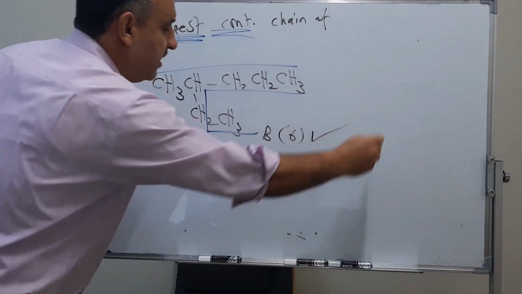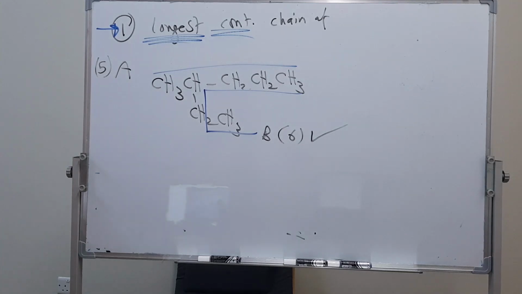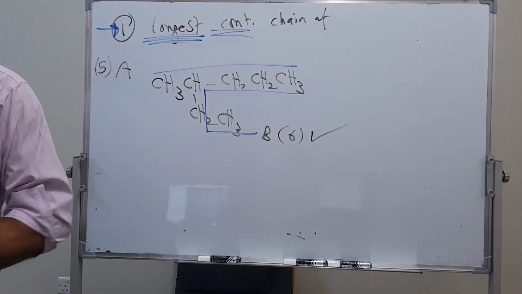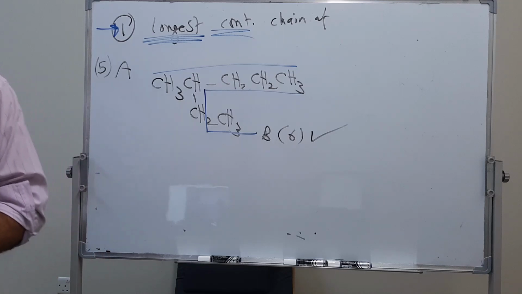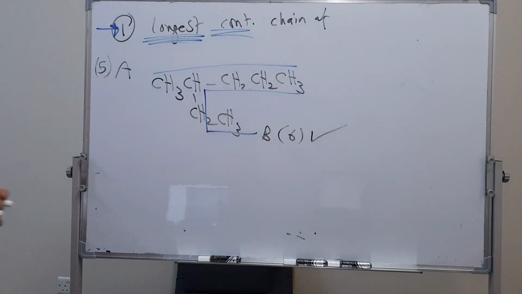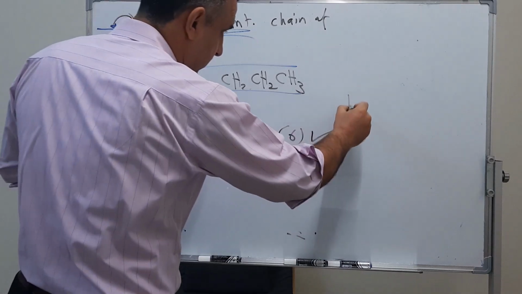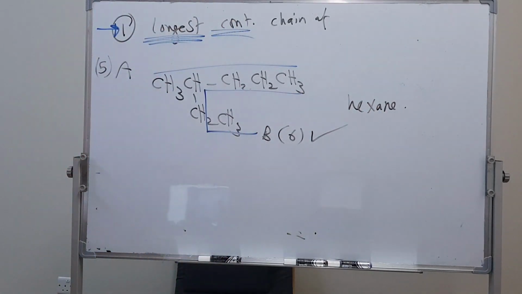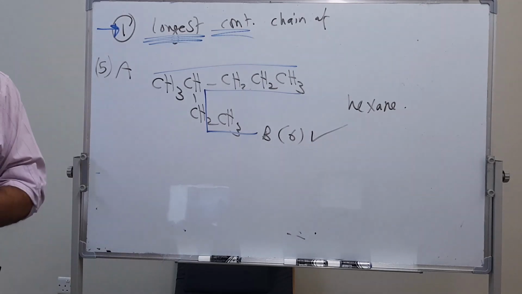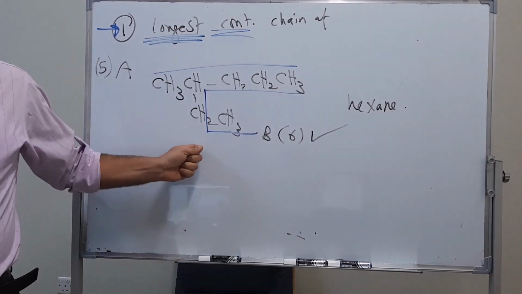So definitely B is the correct one, not A. Is that clear? So we always must find the longest continuous chain of carbon atoms. In this case, the parent name of this compound must be hexane. You follow me?